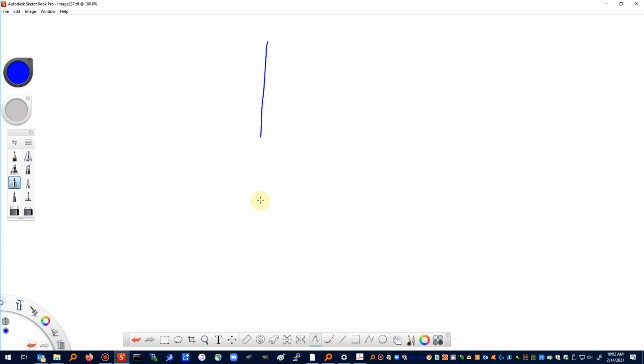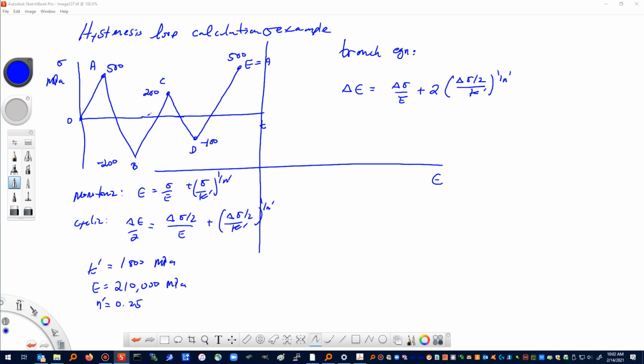Okay, so I'm going to try to make this big. Now I also need a little bit of room to work, so I'm going to go back to this one, and we'll do our work in this right hand zone.